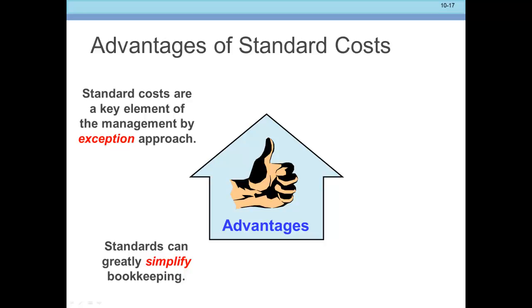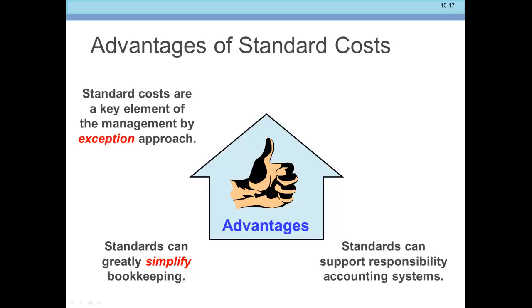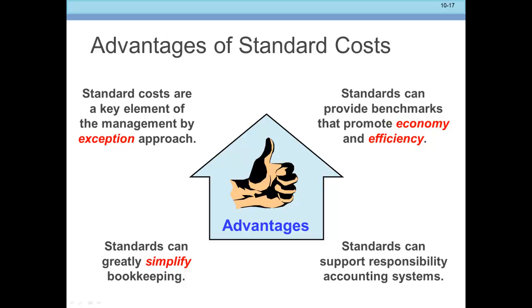By using standards, we can record those transactions without figuring out exact costs each time. We can use standards to enforce responsibility accounting by holding department managers responsible for the variances that they have from standards. And standards can also give us benchmarks that show us the most efficient production levels.